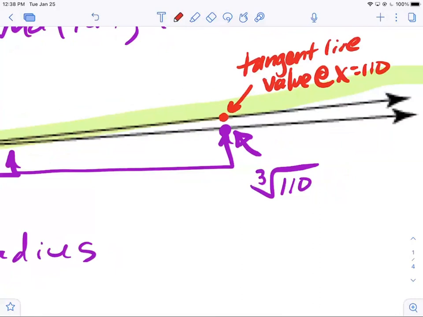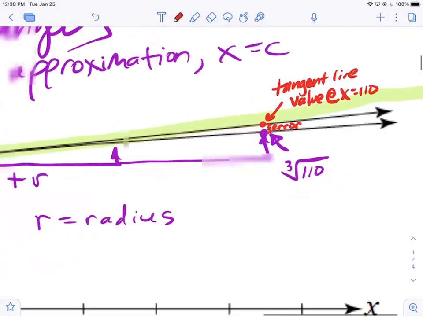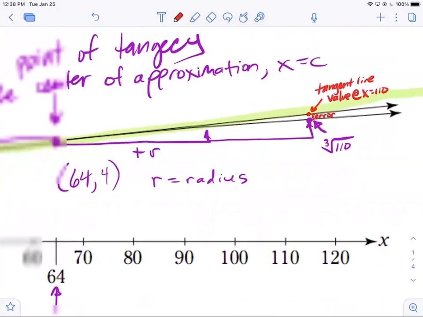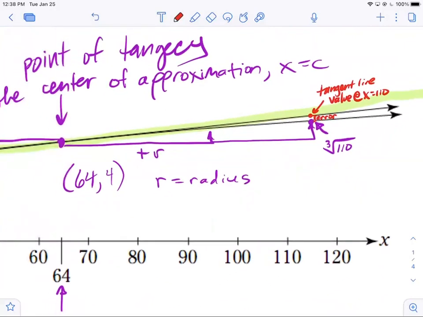Now, again, they're not going to be the same, but look how small the error is. And of course, 110 is miles away from 64, really. So I could, with confidence, use the tangent line equation, which is much easier to compute, for any value between 64 and 110, and get a good result much more easily.